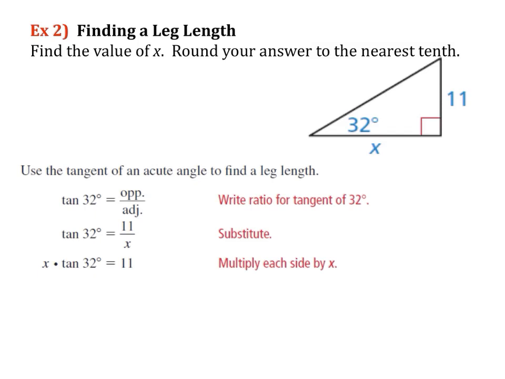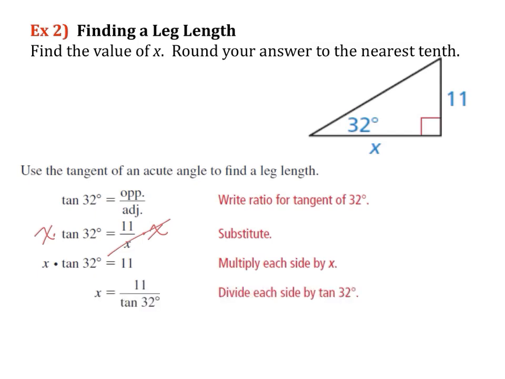Now just like we would solve any other equation, when x is in the denominator, we multiply both sides by x, which is what happened here on this step. We multiplied this side by x, and we're also multiplying this side by x, which is how we got the x's to divide each other out, leaving us with this next step of x times tangent of 32 equal to 11.